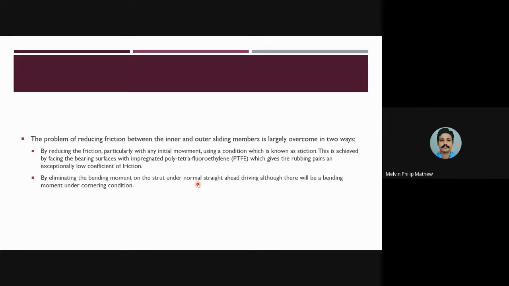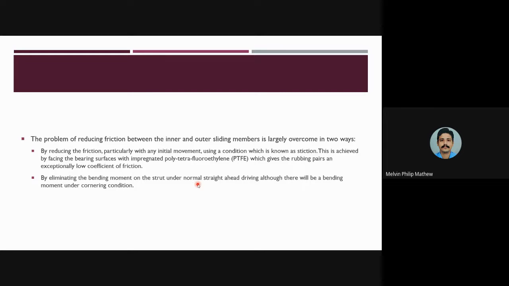That is how we reduce the rolling of the vehicle. And due to no camber gain inside the Macpherson strut type of suspension, the body can roll and the slip angle generated will be much higher than in other vehicles. So that is another problem with the Macpherson strut type of suspension.